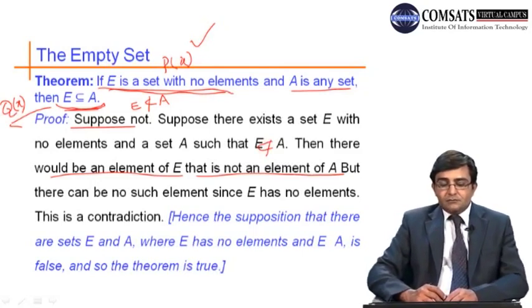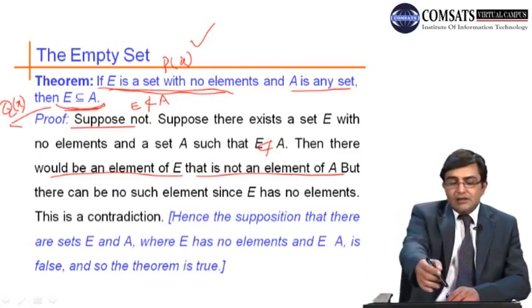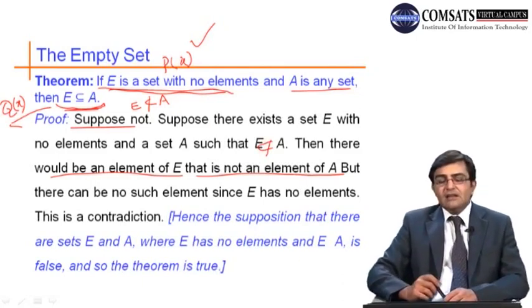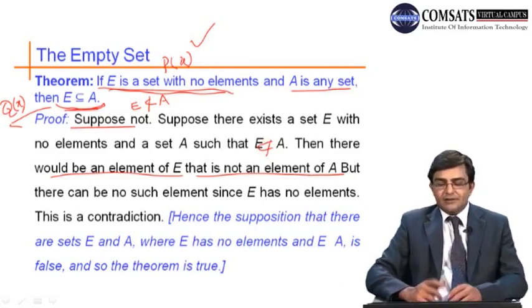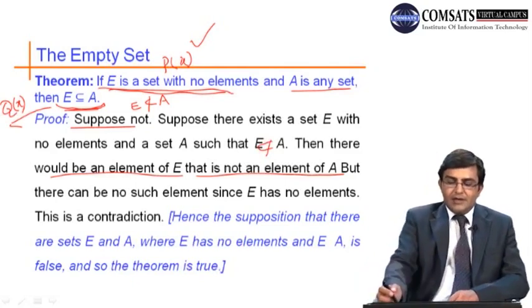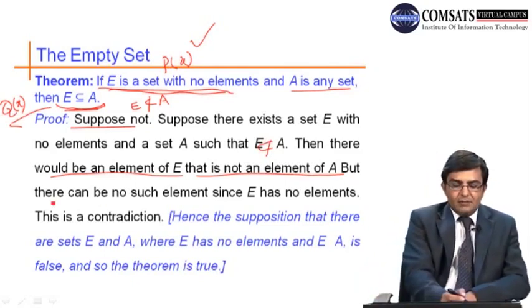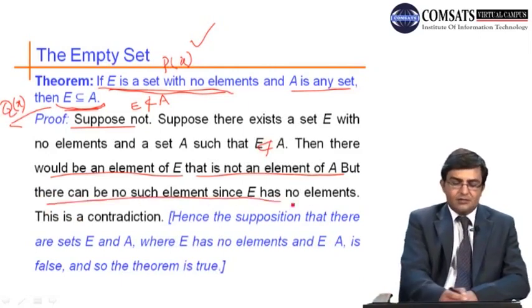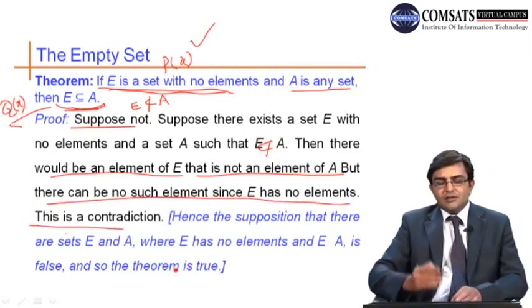Then in the hypothesis we have that E is a set with no elements. But there can be no such element since E has no elements. So this is a contradiction to the supposition.